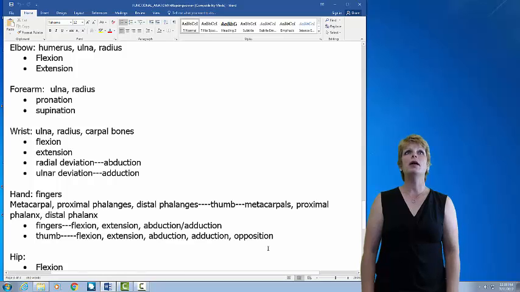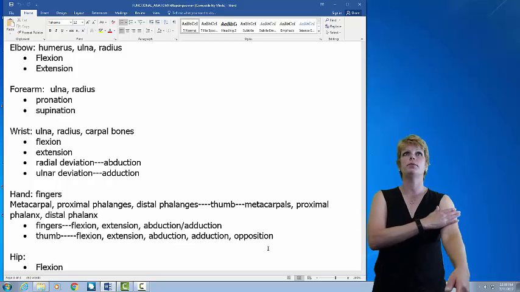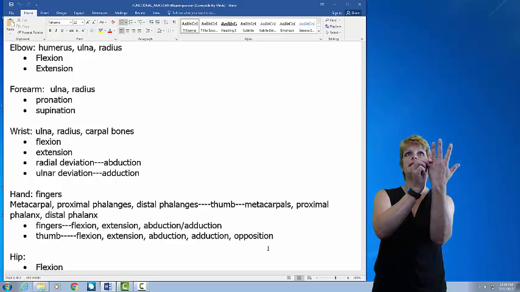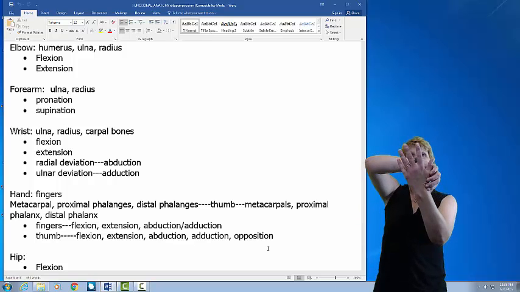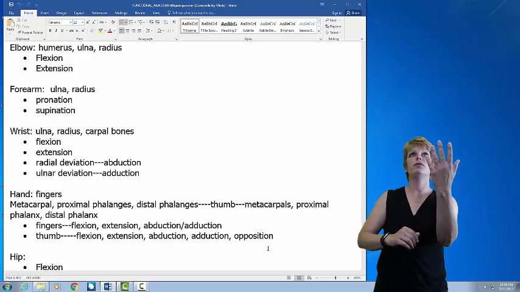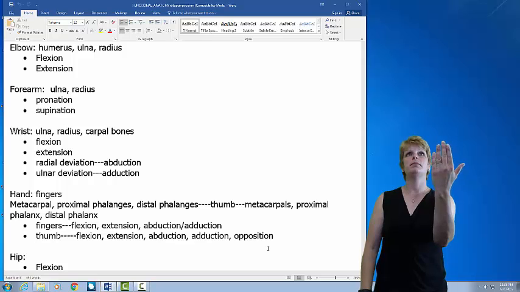The elbow. The elbow deals with the humerus, the ulna, and the radius. Remember, the ulna is your pinky side, and the radius is the thumb side. So the elbow, simply flexion.